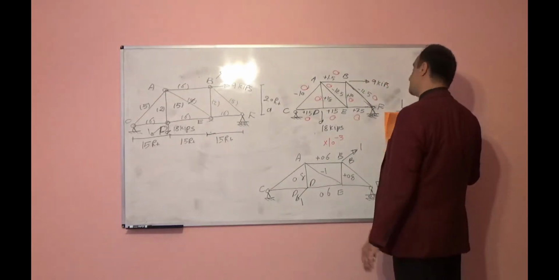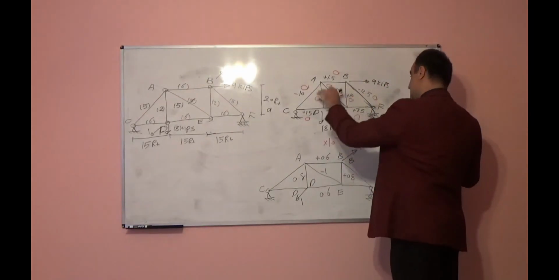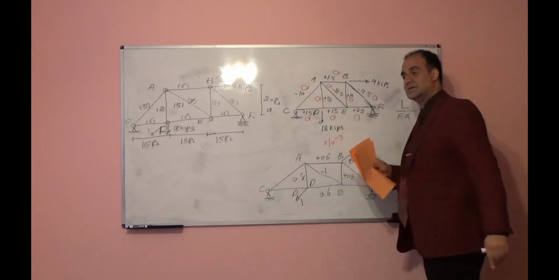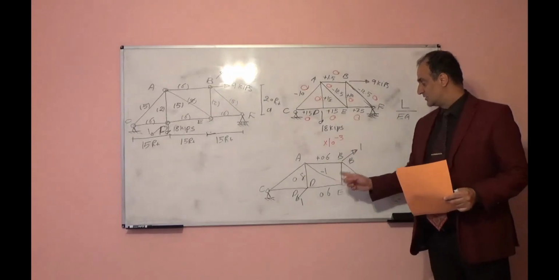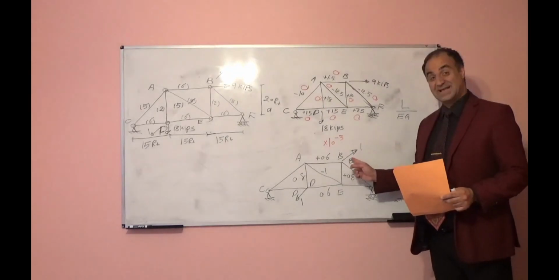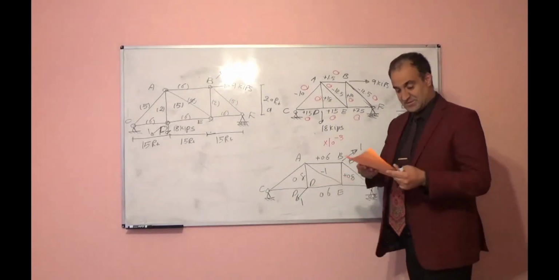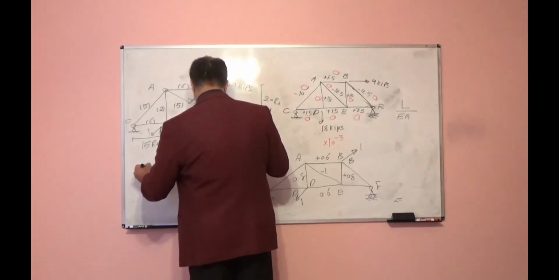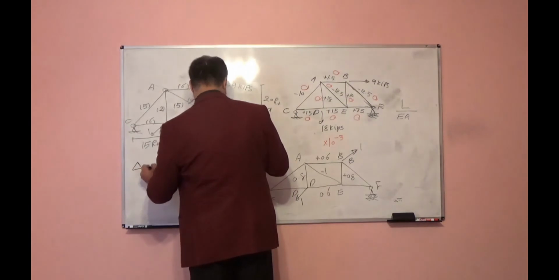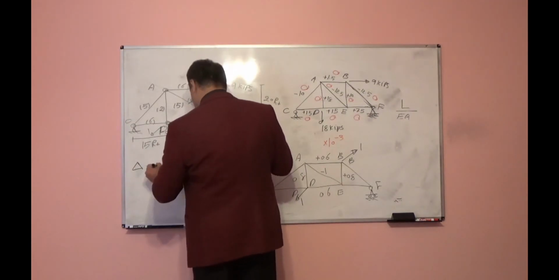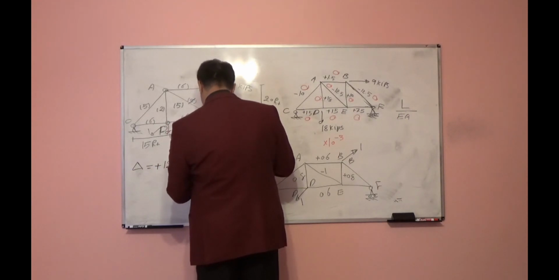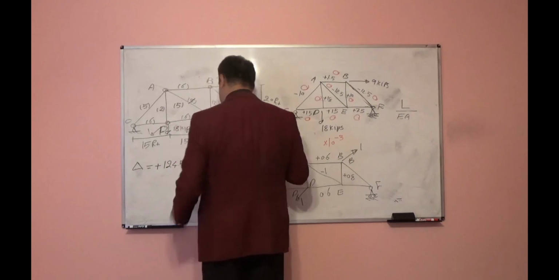So you will multiply this red elongation under real load times the internal force under virtual load. The virtual load is for the relative displacement of B with respect to D. If you calculate that, it will be equal to positive 124.5 times 10 to the power of negative 3 inch.